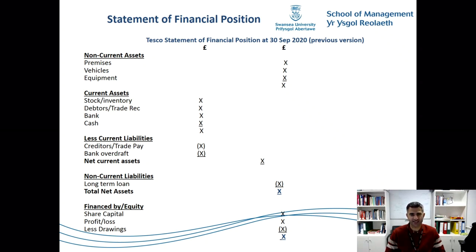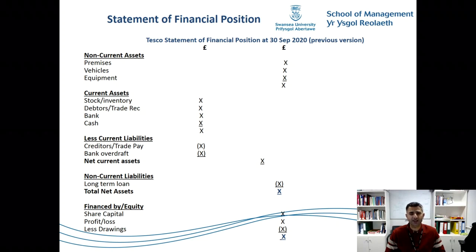After that, we finish assets and go to liabilities. We start with current liabilities, such as trade payables and bank overdraft, and again the total of current liabilities.